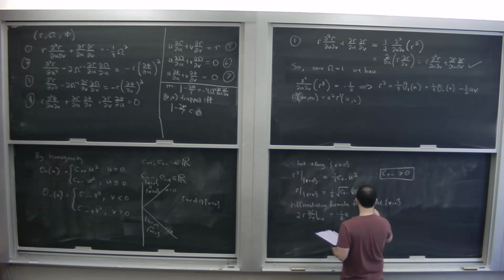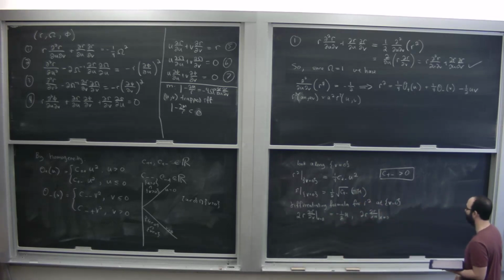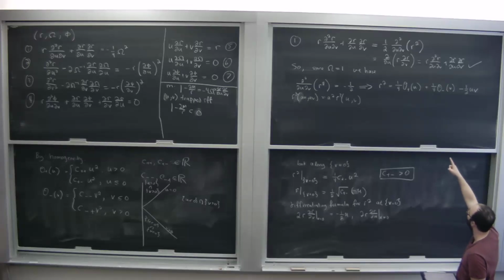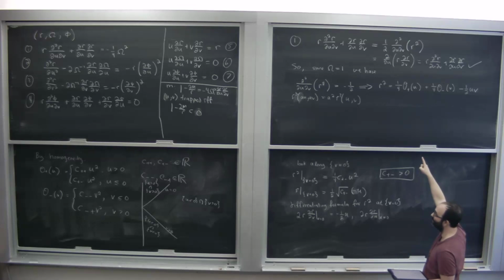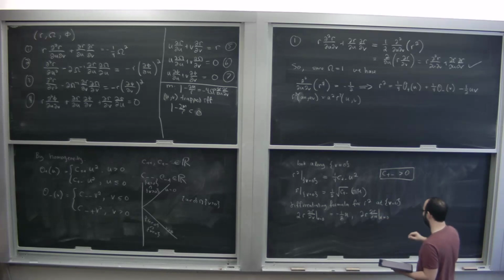Right, and then you can do a similar thing. You can also look at the u derivative and do the same thing. So now on the u one, there's a 1/4, this is u squared, and it's negative.